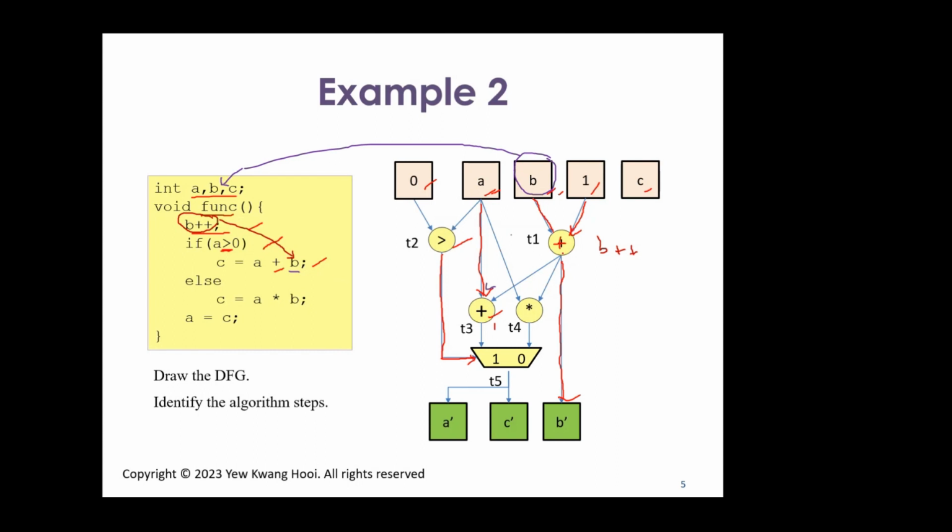Well, we just simply create another arrow connecting the output of this to this operation. So effectively, this is already B. This is the B plus plus B.